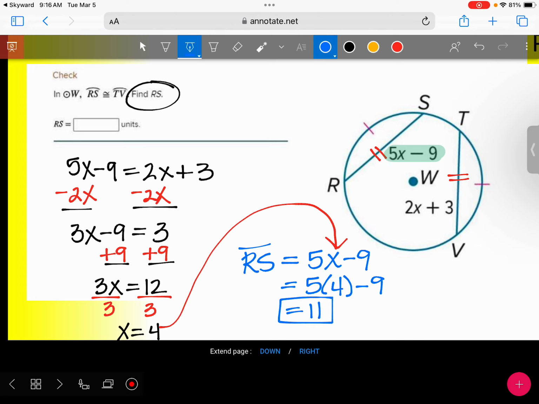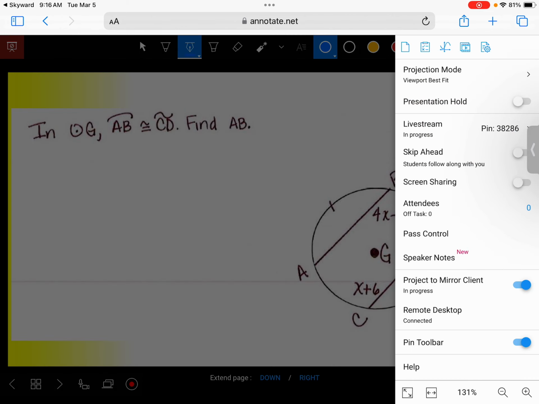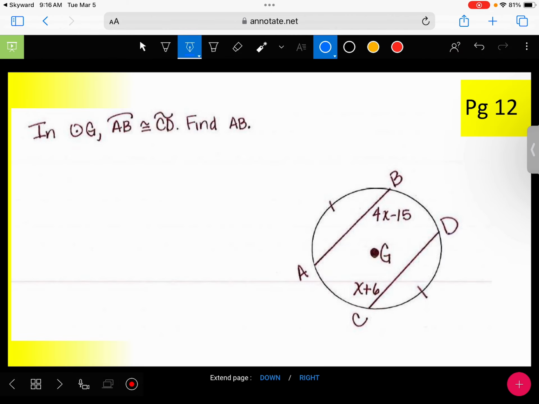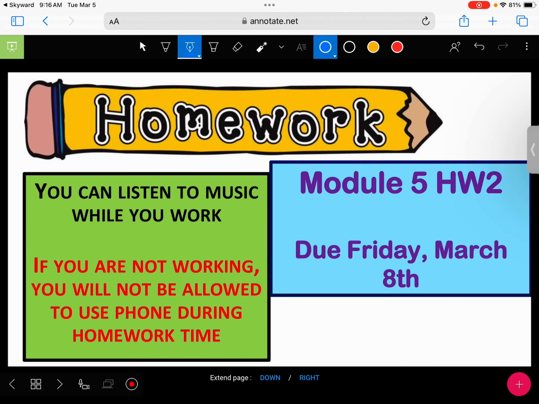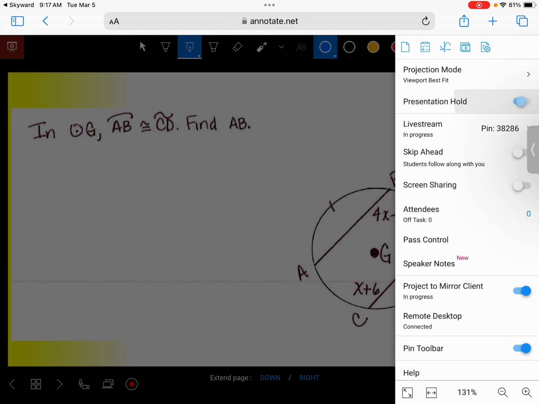So we're looking for congruent chords so we can find our congruent arcs. All right, next one. And this is our last one. I want you to try to set it up. So what are you going to set equal to each other?